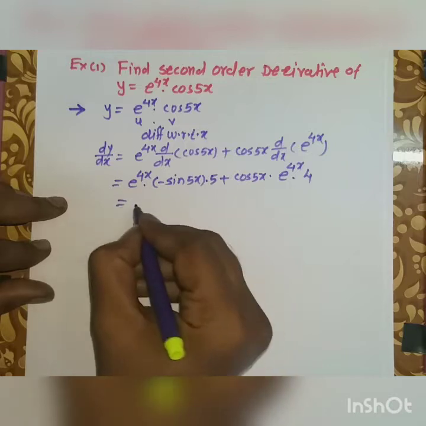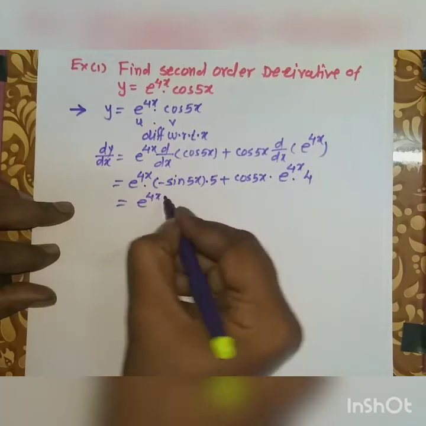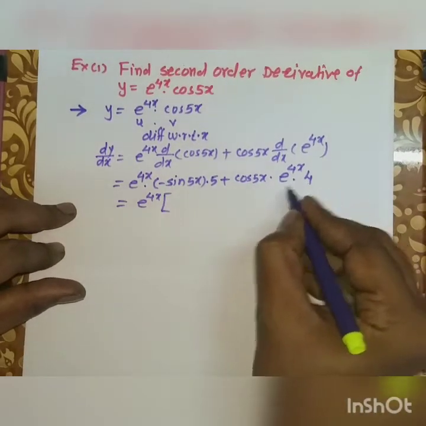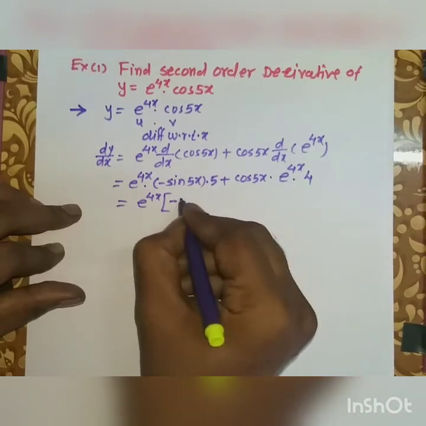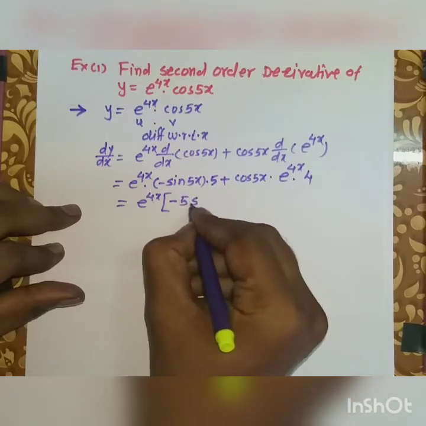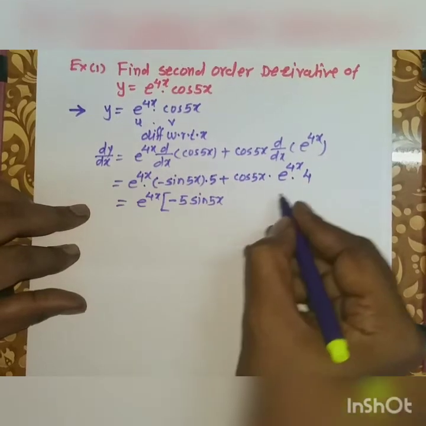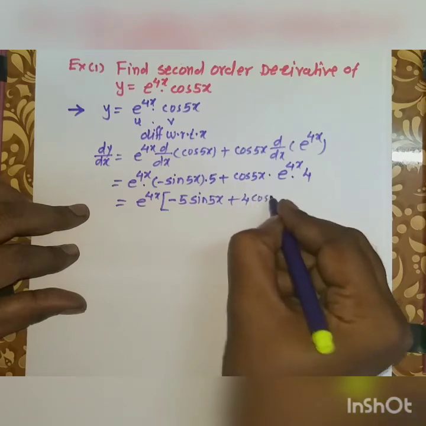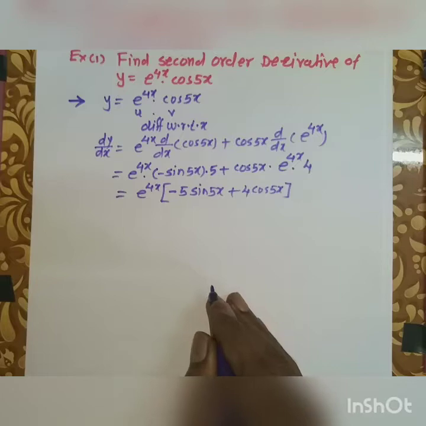From these two terms e raised to 4x is common, so e raised to 4x bracket minus 5 sin of 5x plus 4 cos of 5x.